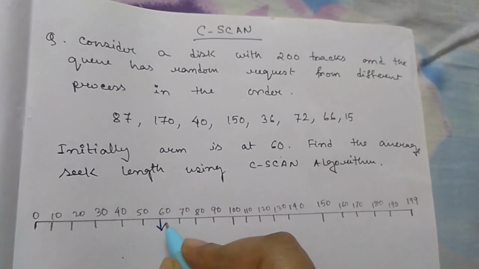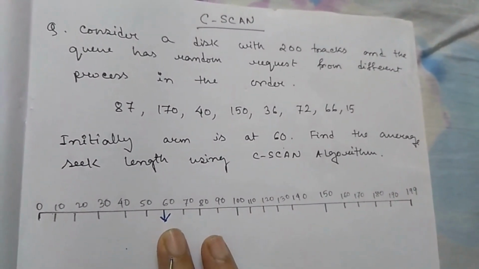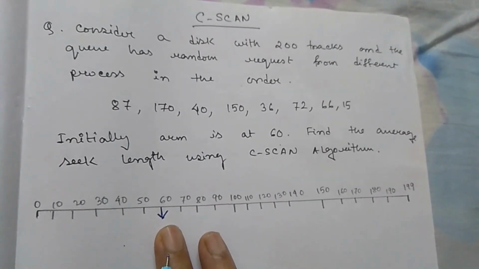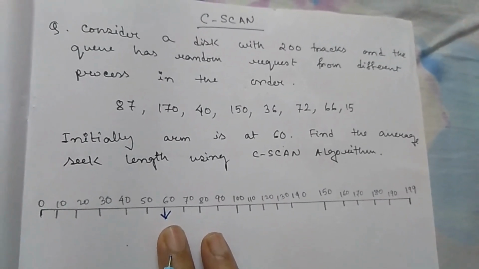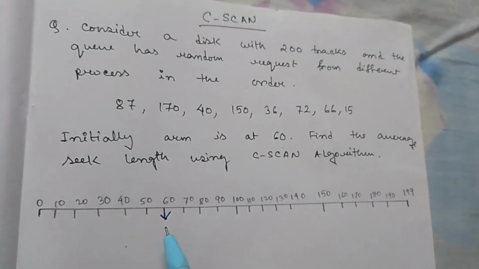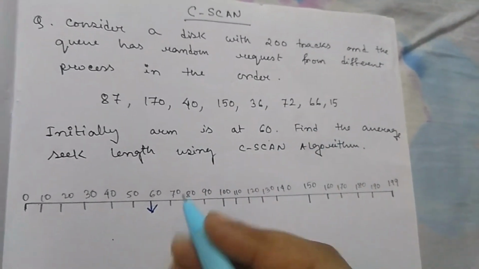Next step, according to this algorithm, we have to find the nearest job to the head position. That is step 1. The nearest value of 60 is 66.